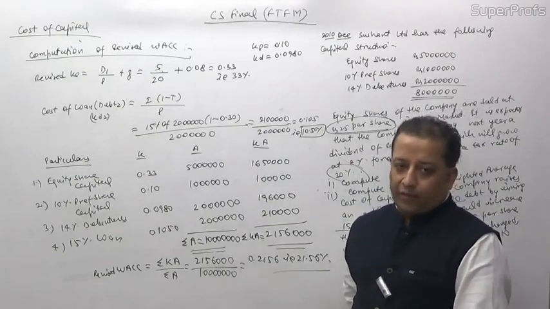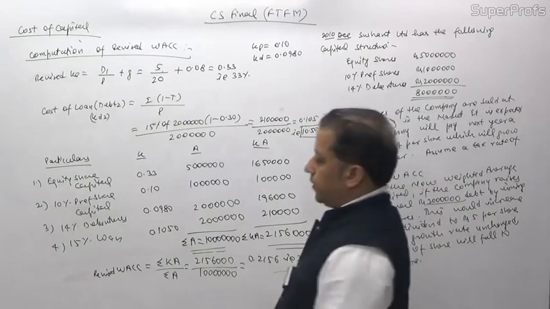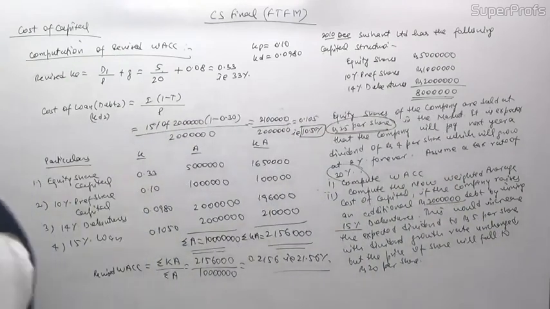The revised weighted average cost of capital amounts to 21.56%. So please note down.